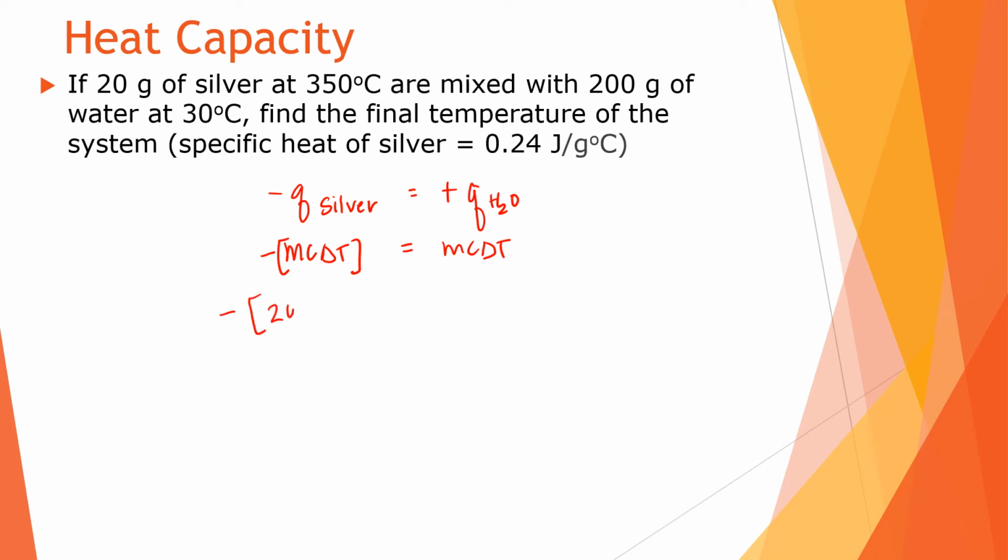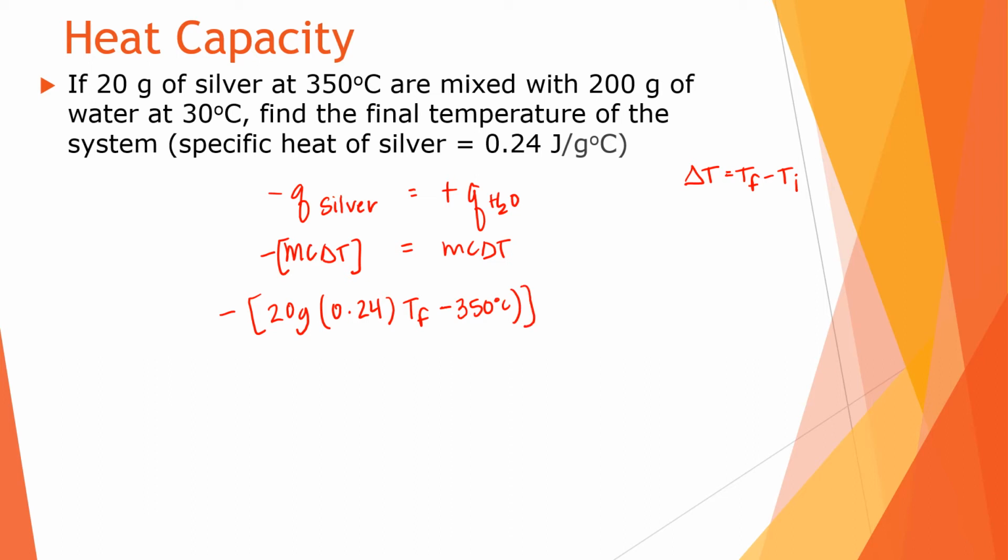So 20 grams of silver times the specific heat is 0.24. Now I don't know my final temperature, so I actually cannot plug in delta T. Instead, I have to use final minus initial. So I don't know my final, but I do know that my initial is 350.